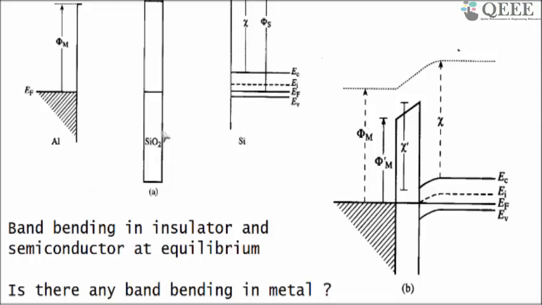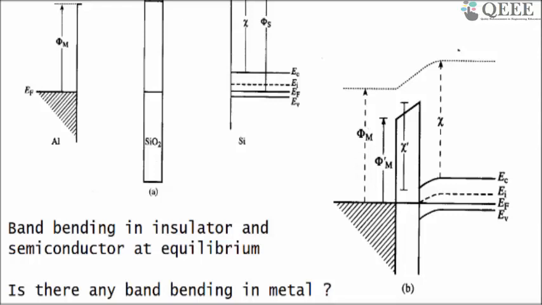The amount of electric field depends upon a couple of things: the applied bias, the doping, and the phi ms. It also depends upon the oxide thickness and the semiconductor doping. We will see how to derive some expressions for the electric field.